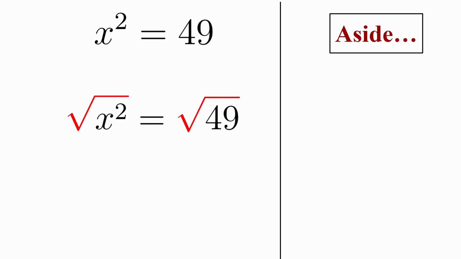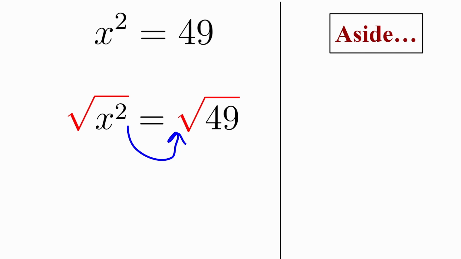Hopefully a lot of you know this, but if you have an equation with a square in it, let's say x squared equals 49, and I take the square root of both sides, we need to introduce a plus or minus symbol. For the sake of convenience, we typically put it on the side opposite where the square is.